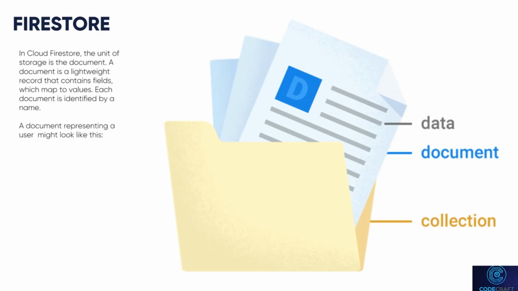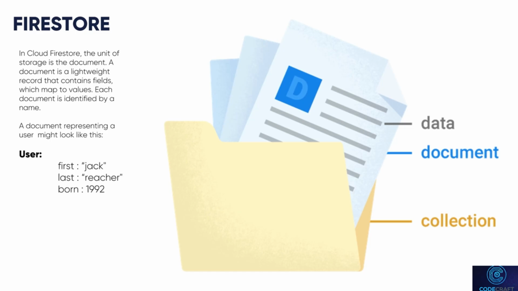Documents are analogous to rows in a traditional relational database, but they are schemaless, meaning each document within a collection can have different fields. Each document must have a unique identifier within its collection, typically called a document ID. You can either manually specify the document ID or Firestore can generate one for you.